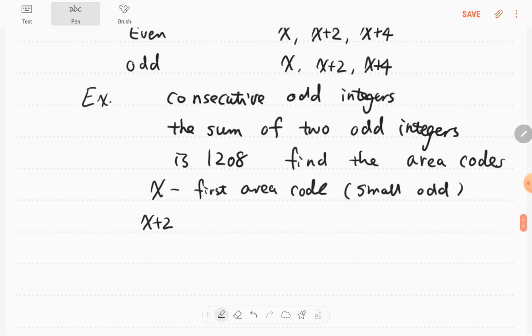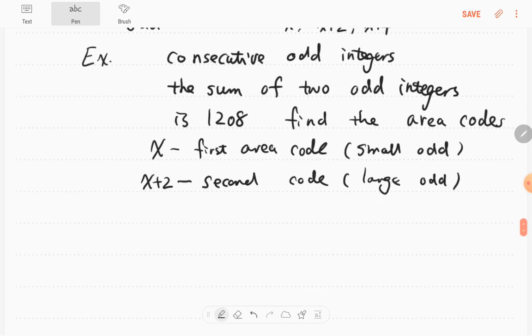And the second area code will be the larger odd number. We will use x plus 2 because these are consecutive odd integers, not just consecutive integers. If they're talking about odd or even integers, we should plus 2, not 1, to get the next one, right?